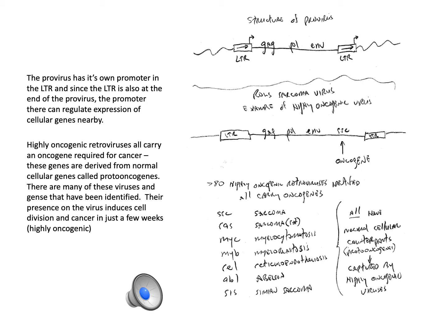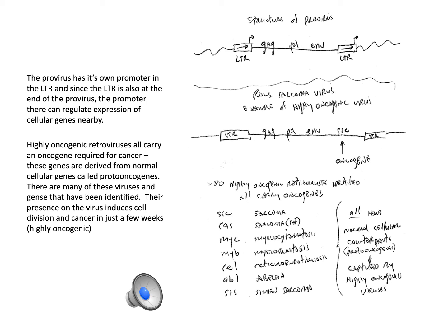And there's a gene called ABL, which causes tumors in mice, named after the person who discovered it, John Abelson. And then SIS is another one, which causes sarcomas in monkeys, the simian sarcoma virus. So all of these genes, and there are 80 or more highly oncogenic retroviruses, all of them carry an oncogene which is responsible for inducing the cancer.